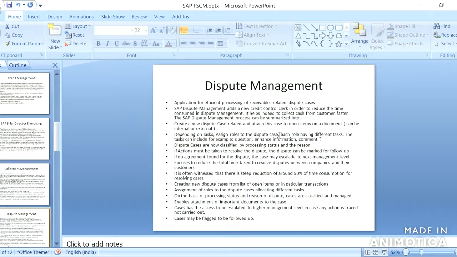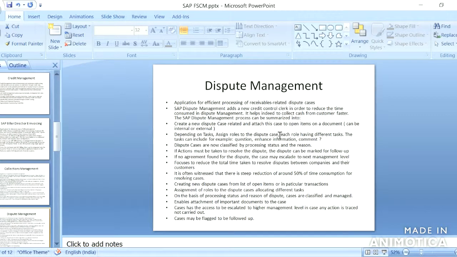There will be different reasons, and for each reason there will be different roles. If he is asking for more discount, there is a particular team, a department, related to that, so they will assign the person who has that role so that particular department can solve this.